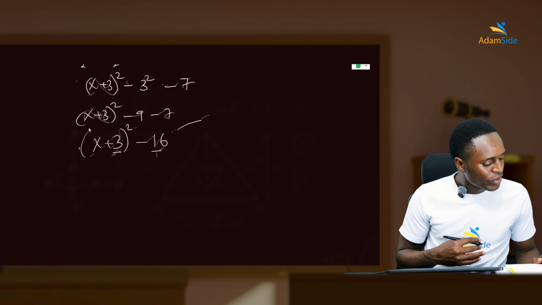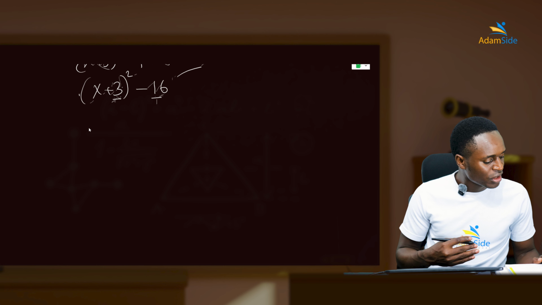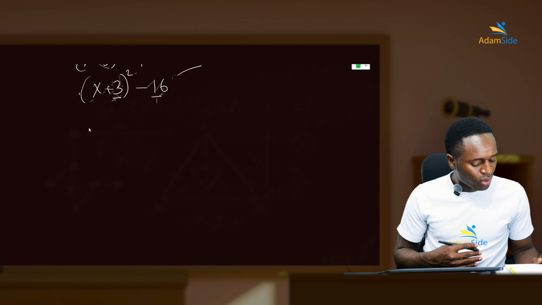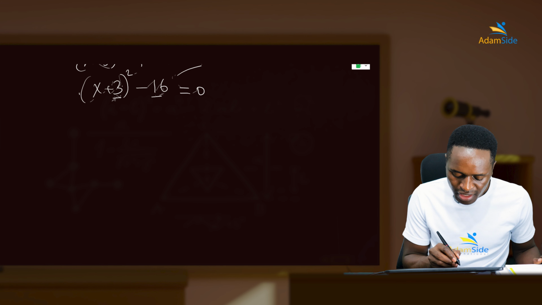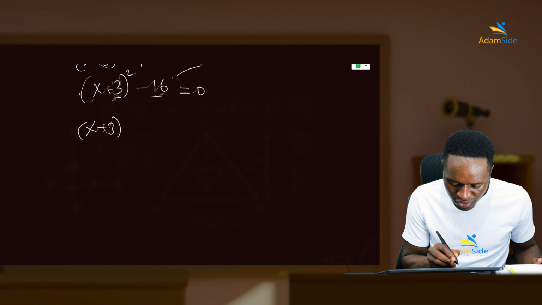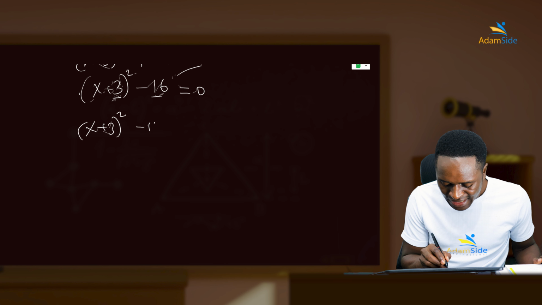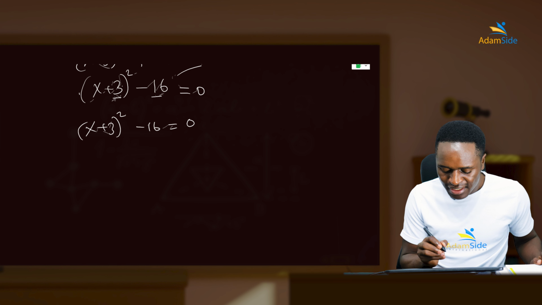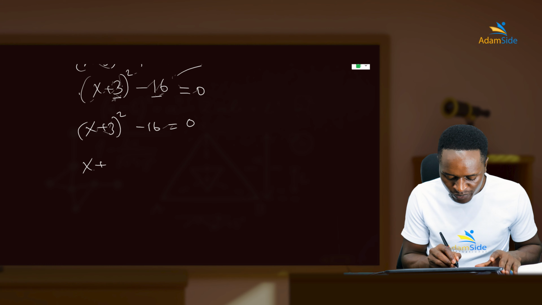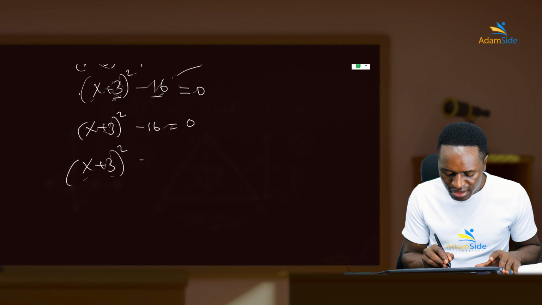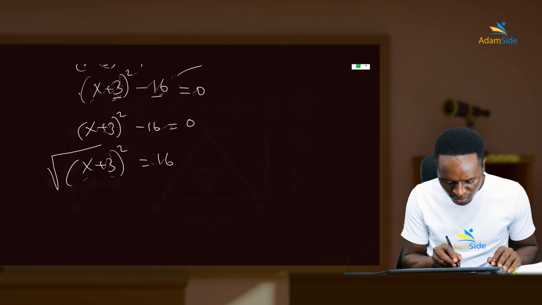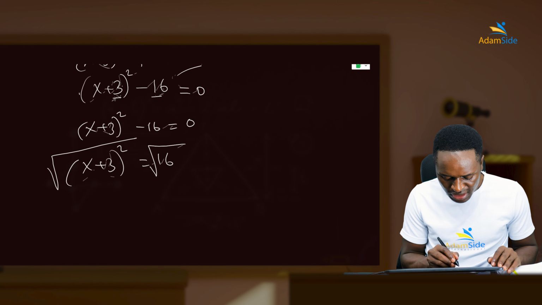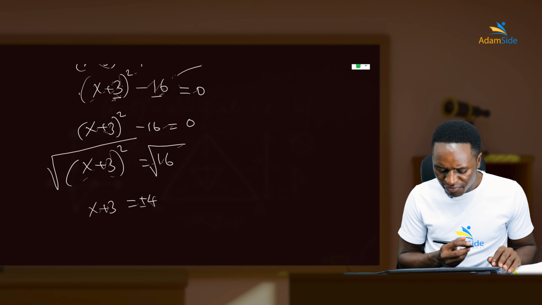If you're looking for the solution, we equate it to 0. So we have x plus 3 squared, which is a perfect square, minus 16 equal to 0. Take minus 16 to the other side: x plus 3 squared is equal to 16. Find the square root of both sides: x plus 3 is equal to plus or minus 4.